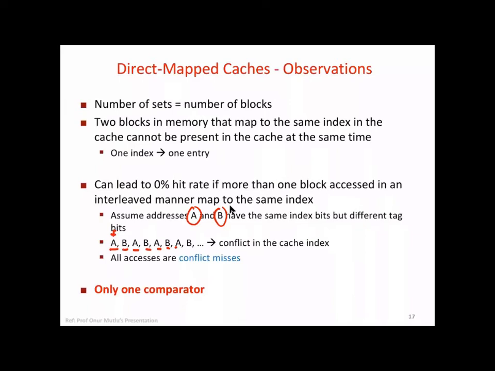Now A is brought into cache, and then there is a request for B. The block corresponding to B will map to the same cache location. So A will be evicted and B will be brought in. Now the next memory access is for A, which again belongs to the block that was earlier in the cache. In this way, we will have continuous conflict, and the misses are conflict misses.